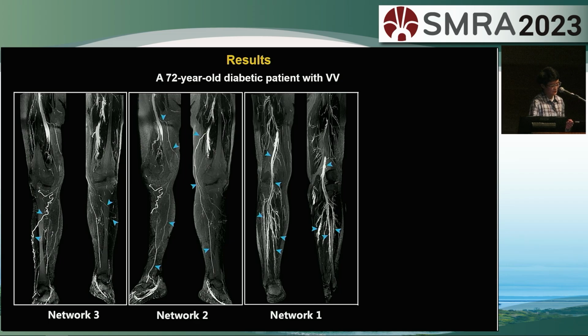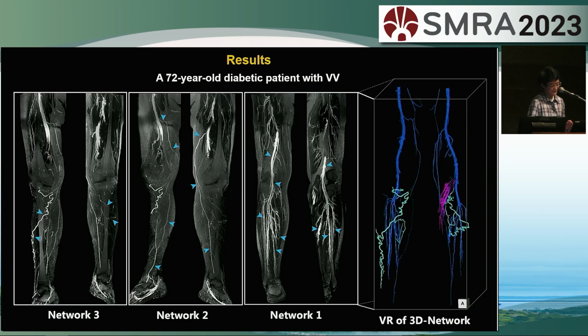And in network 1, we can see the beaded shapes, the deep veins, the femoral veins, and the enlarged deep veins. And this is VR of this varmoxolid-enhanced venography. And we can see that the diameter of this perforating vein is over 3.5 millimeters, which meets the diagnosis standard of perforating vein insufficiency.